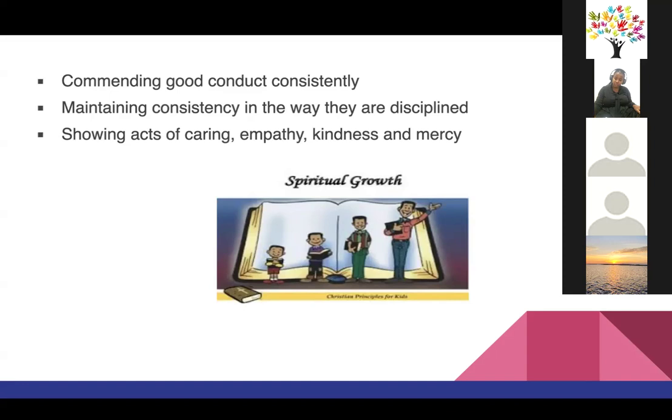Right? As soon as there's a gap, children are master manipulators. As soon as they see a gap, they will take it. All right? So you need to make sure that you are disciplined, you are consistent, and make sure that you show kindness, mercy, empathy, and care, because that's how children learn to develop their moral foundation. Next slide.